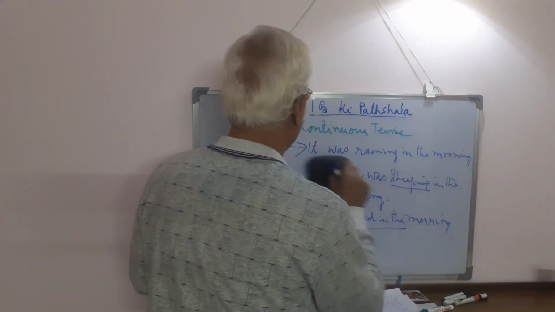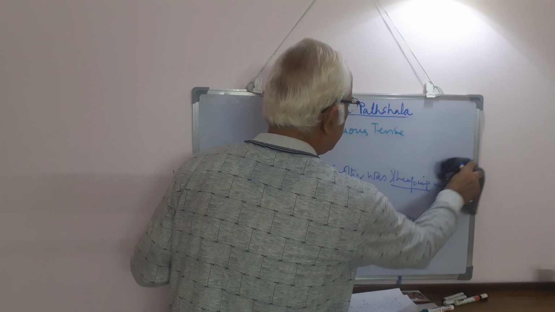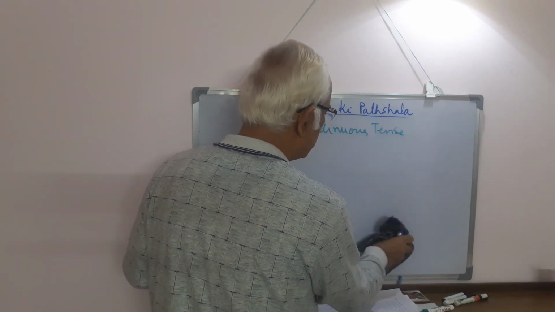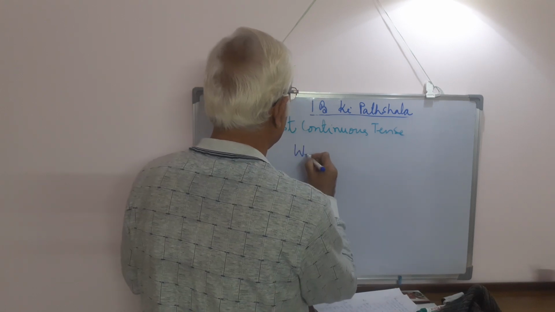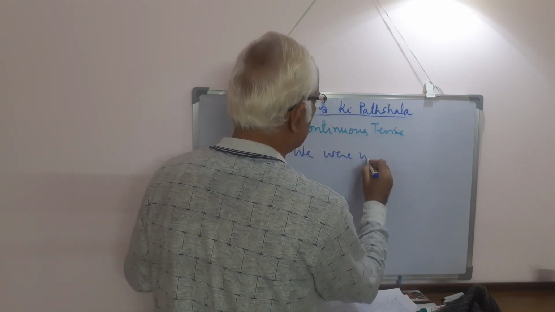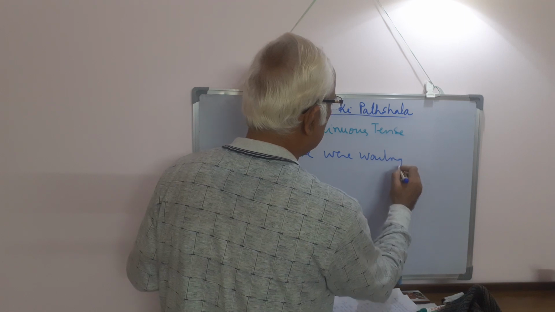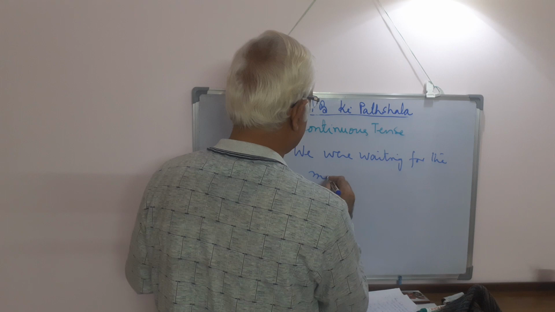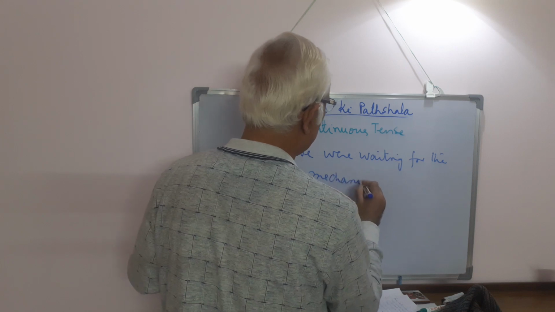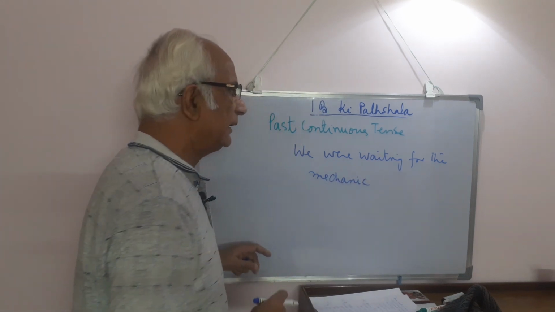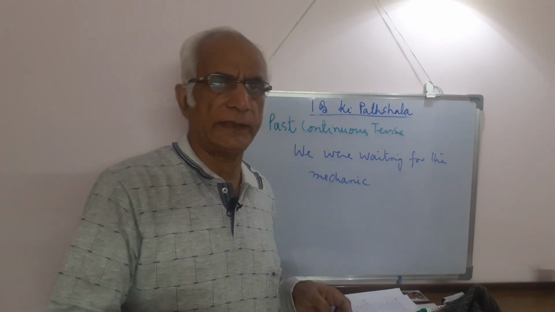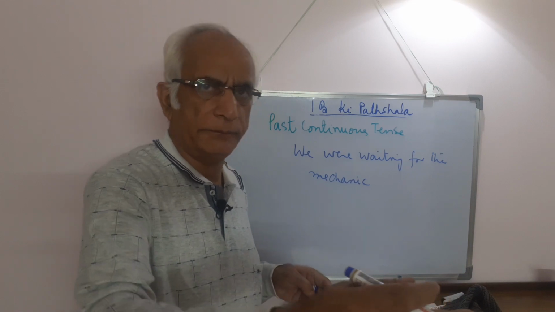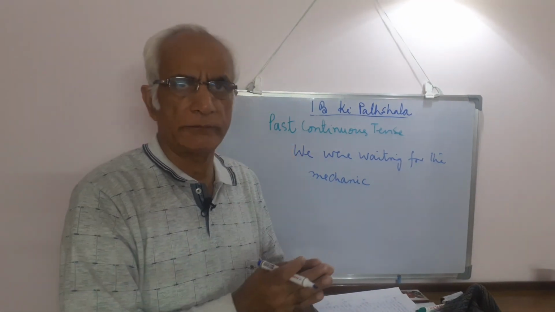Okay? For example, we can sometimes mention it even without talking about the time period. We were waiting for the mechanic. Let us say we had called a mechanic, our car was faulty, so we were waiting for the mechanic. So this was an activity which happened for some time. We are not mentioning the time.